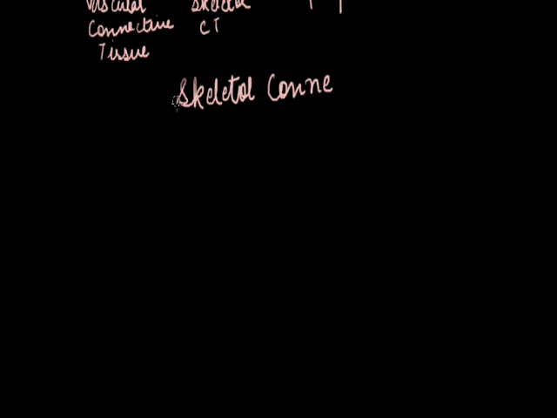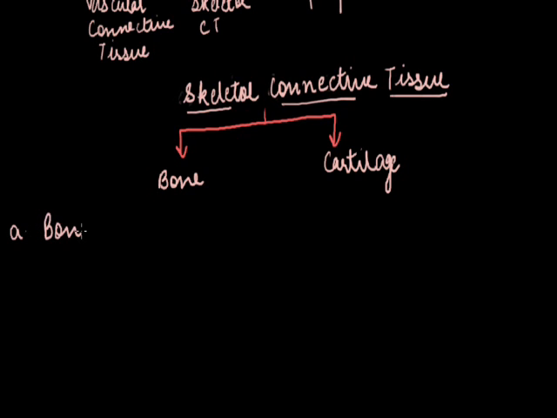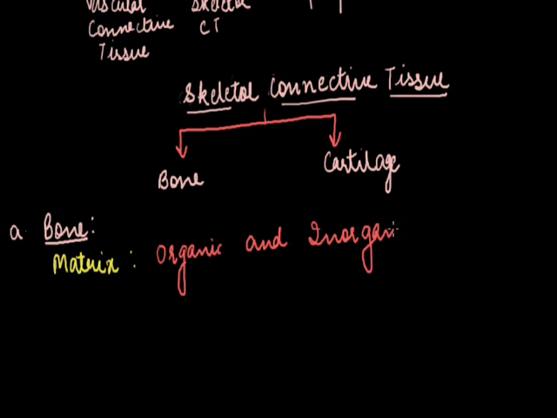The skeletal connective tissue is further divided into two types, that is the bone and cartilage. Let us start our discussion with bone. The matrix of the bone is made up of both organic and inorganic components.